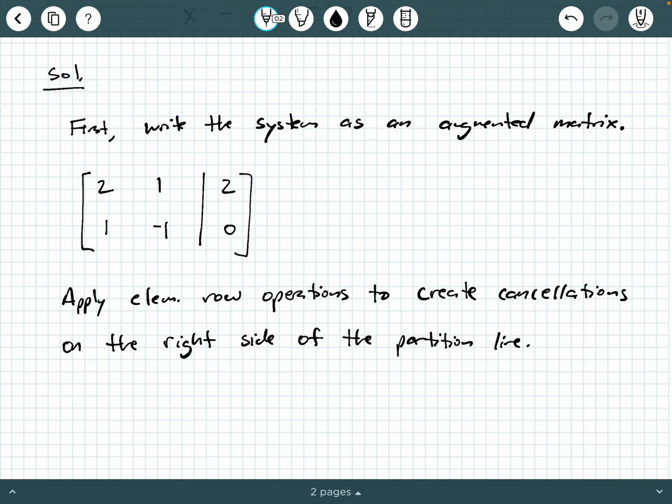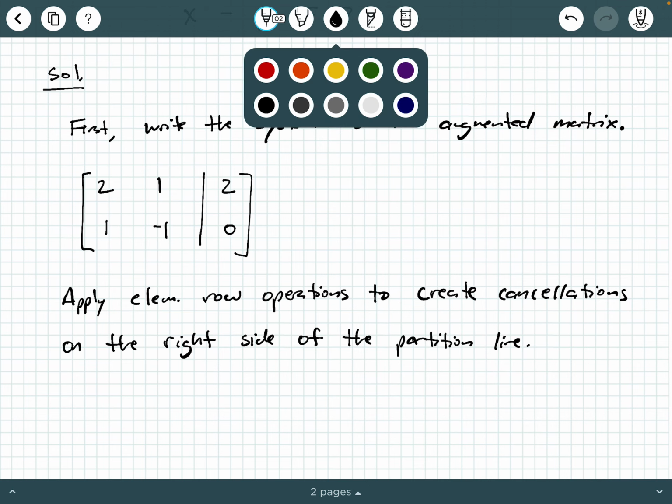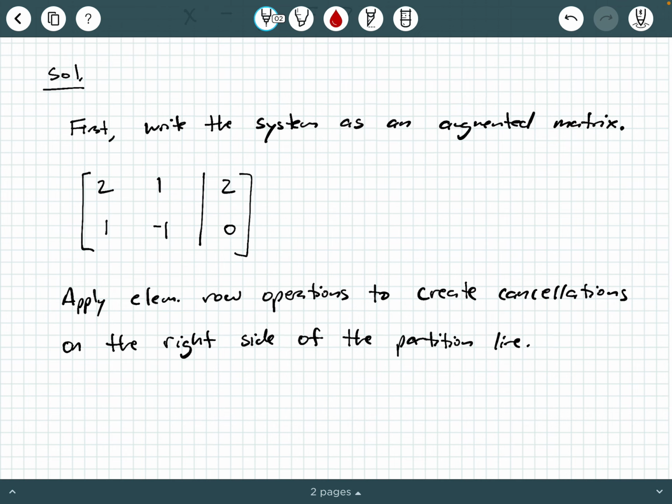Okay, so there's a few good ways of doing this. Now, I'm going to tell you what I think is the most convenient thing to do. I'm going to write this in red to show you what is usually the most efficient way of tackling these.